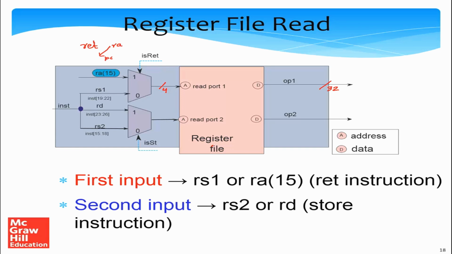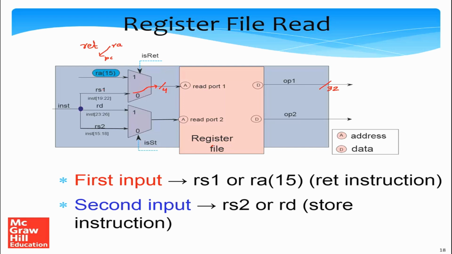So it is necessary to read the contents of RA. That's the reason we have a multiplexer. Inside the multiplexer, if this isRet signal is true, isRet meaning is return, this means that this is a ret instruction. So we choose RA, which is 15, as the output of the multiplexer. If the instruction is not a return instruction, we choose RS1 as the output of the multiplexer.